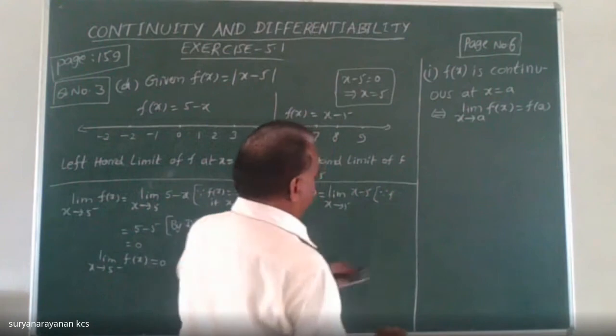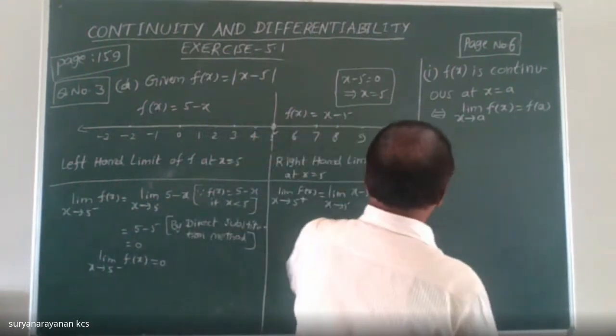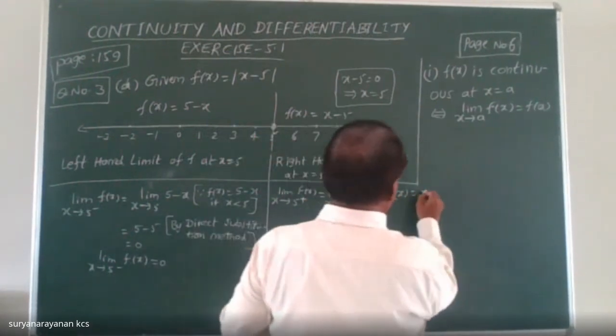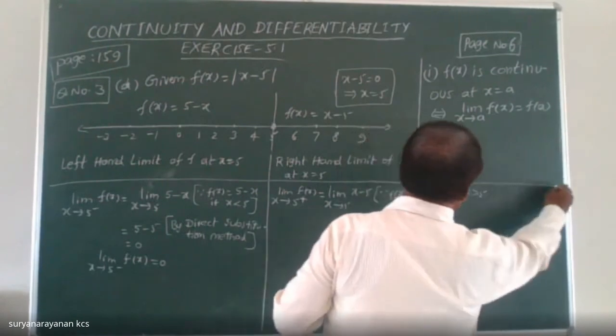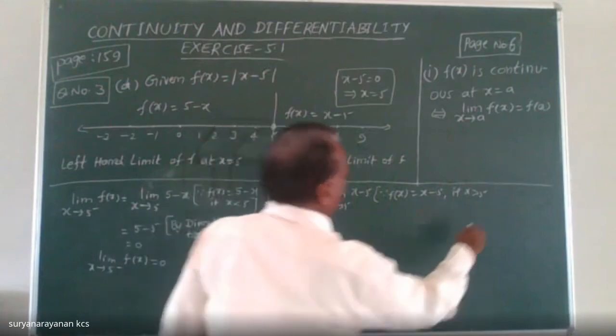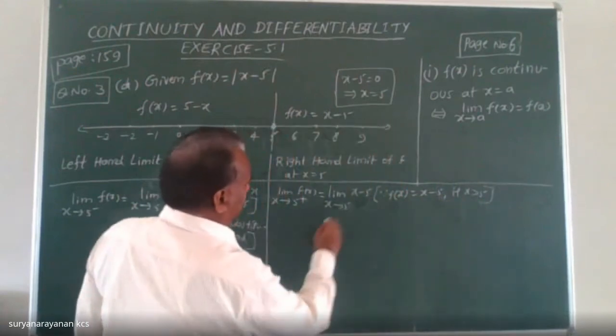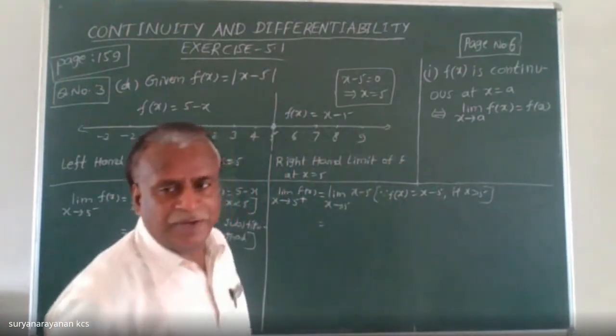Because f of x is equal to x minus 5 if x is greater than 5. Now, how do you find the limit of this function?